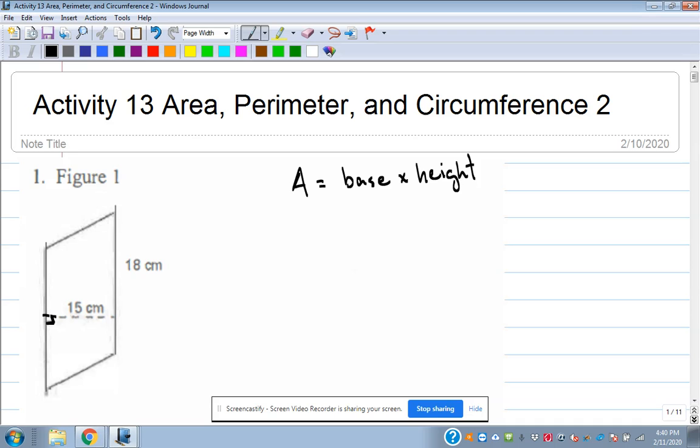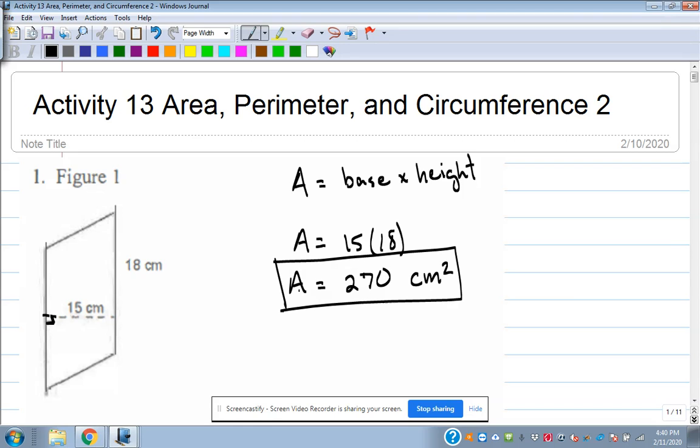So we need base times height as our formula. So in our case, it's 15 times 18, whatever that is. Say again. 270. Centimeters squared.